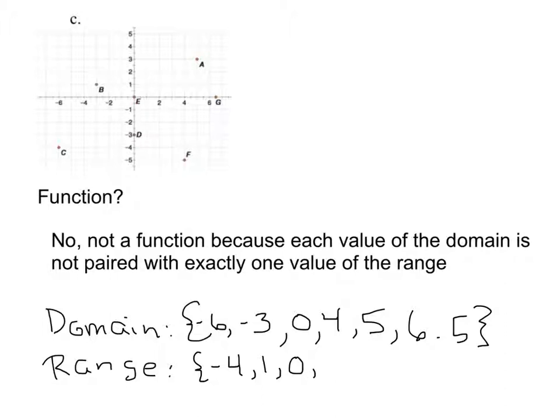For D, we see that the y value is -3. For F, the y value is -5. For G, the value is also going to be 0, but since we already wrote the 0, we don't need to write that again. And then for A, our y value is +3.